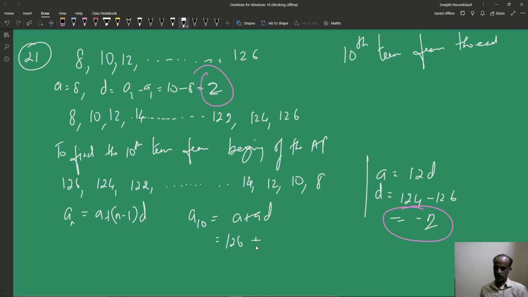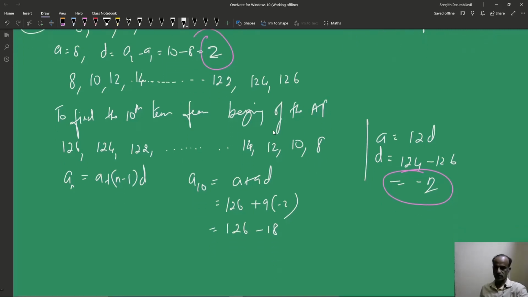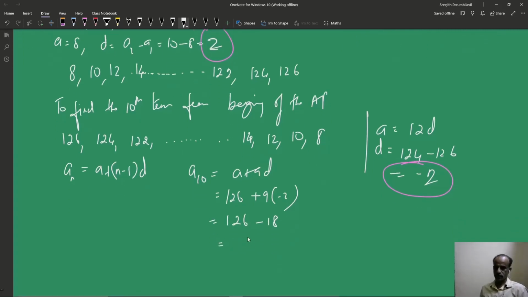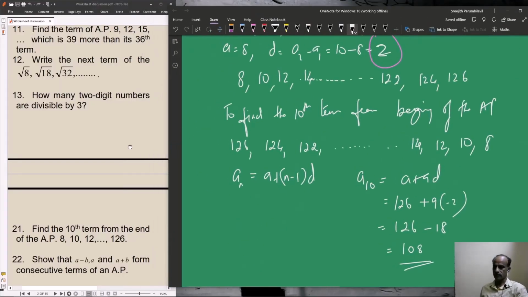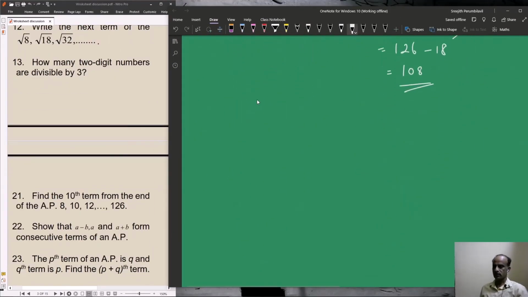So a plus 9 into minus 2 is 126 minus 18, which is 108. So 108 is the 10th term from the end of the AP. Okay, now question number 22.